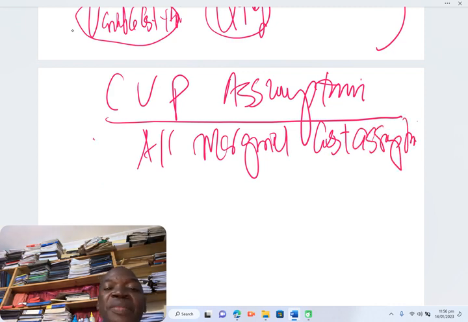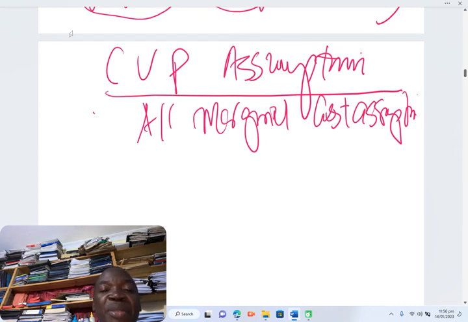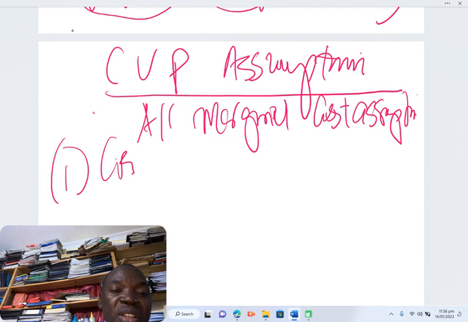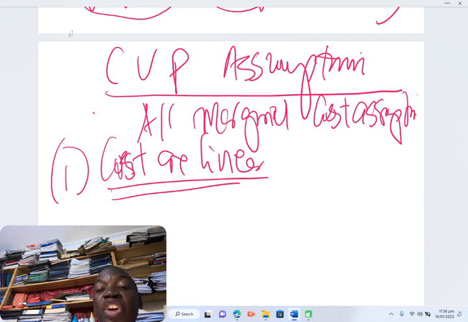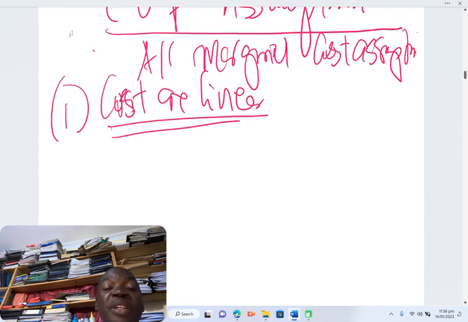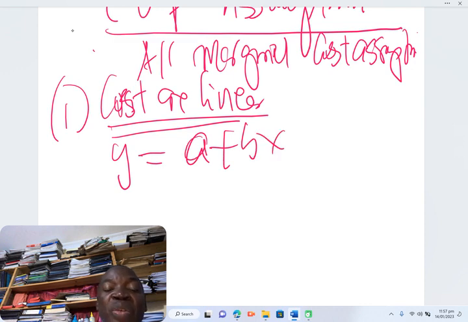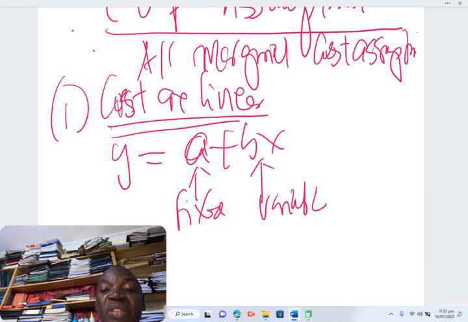This is the first stage. Number 1, costs are linear, and costs have to be separated into variable cost and fixed cost on a linear basis, A plus BX, where A is the fixed cost and B is the variable cost.